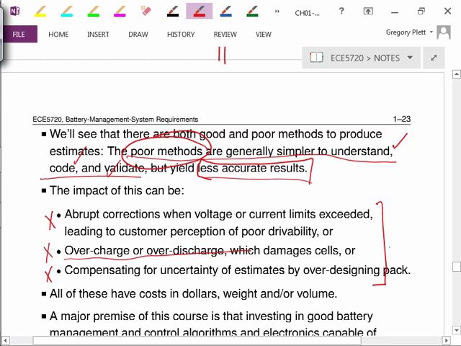either in dollars or in weight or in volume, and all of those really boil down to a dollar cost of the vehicle. So it's my premise, my soapbox. Can you tell I'm kind of passionate about this?